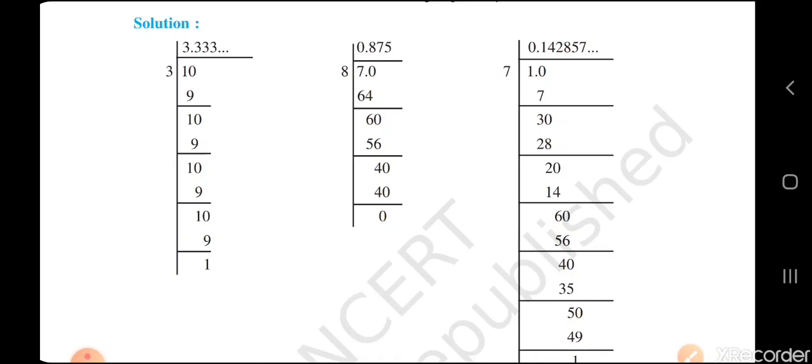The remainders repeat, so in 1 upon 7 the quotient has the repeating block 1, 4, 2, 8, 5, 7.